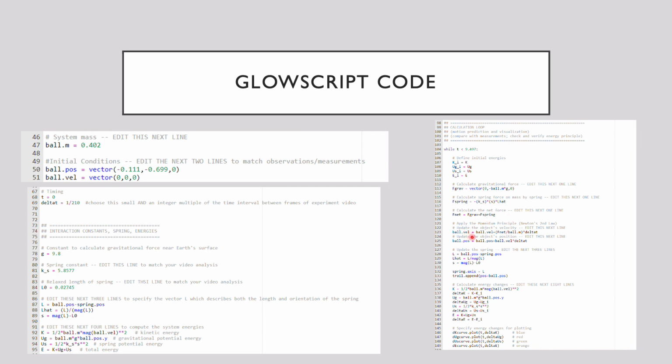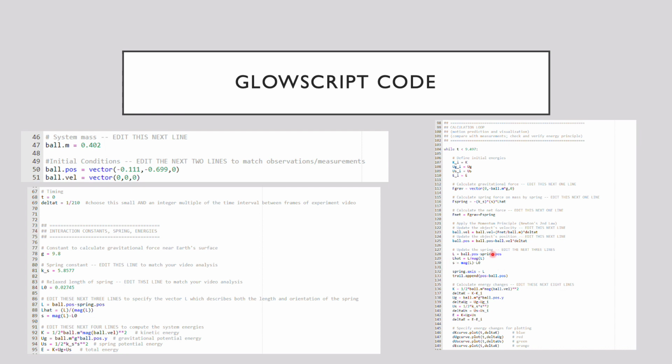For the velocity of the ball, we have the velocity update formula from the momentum update formula: the velocity of the ball is updated by the net force divided by the mass of the ball times the time interval. Then you have the position update formula: the position of the ball plus the velocity of the ball times the change in time.